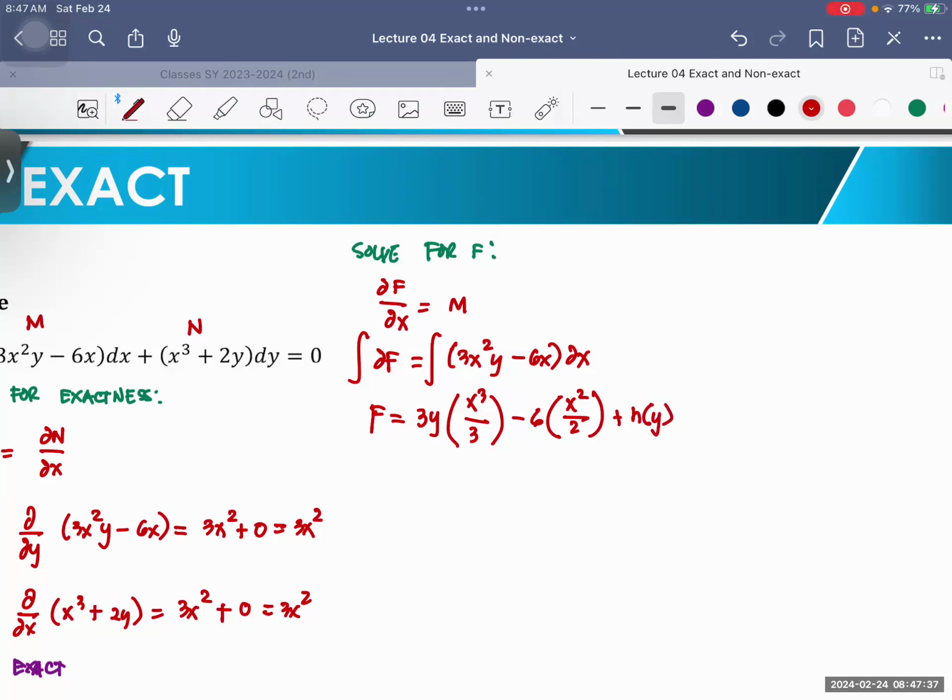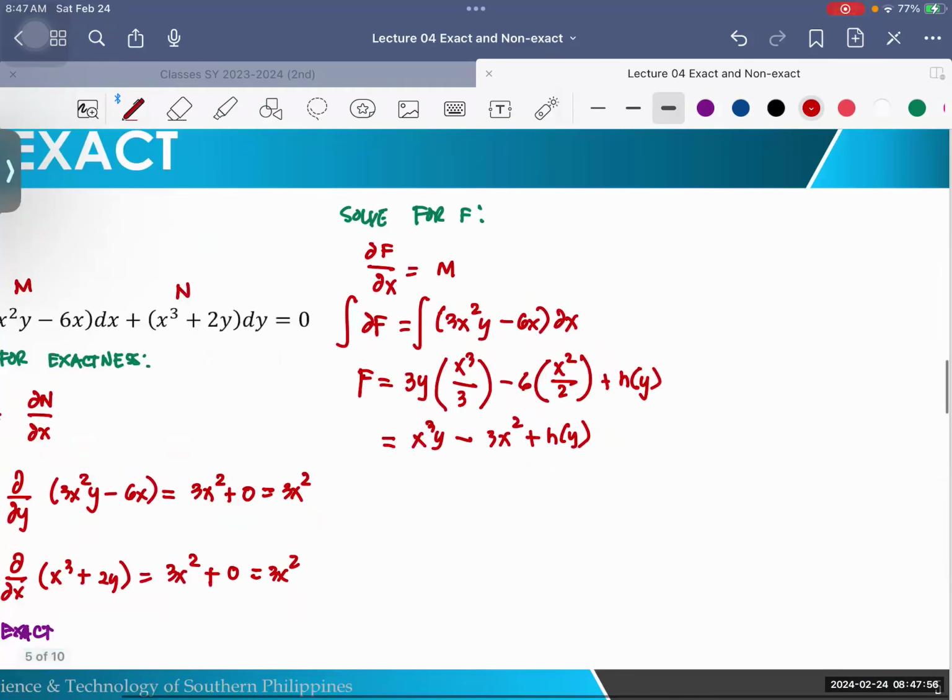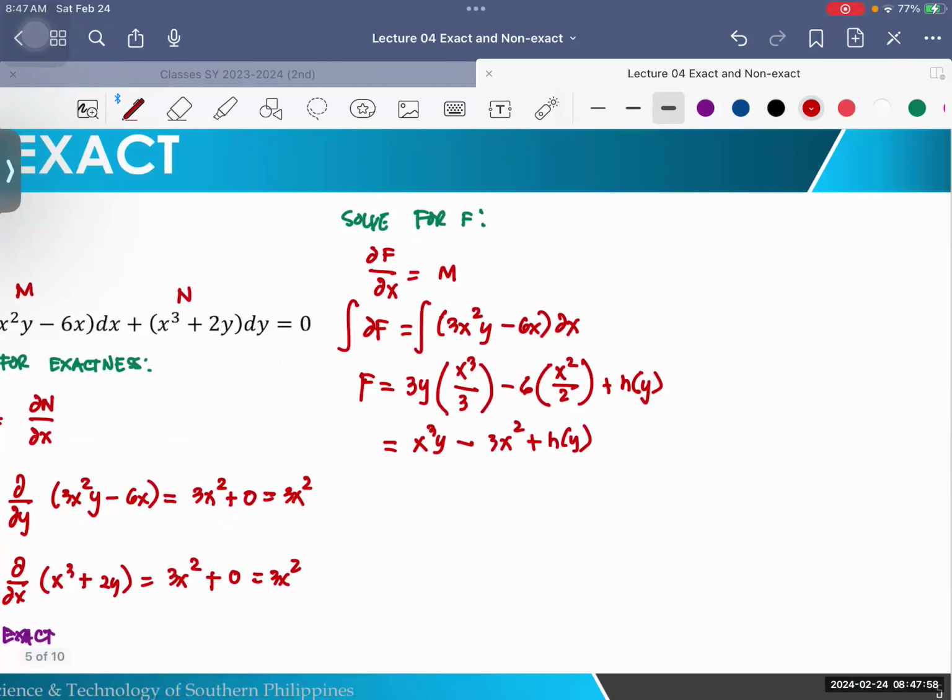Some function of y. Okay, so simplify. Mahimo na x cubed y. Tama, cancel ang 3. And then minus, mahimo na 3x squared. Okay? And then some function of y. Okay, so ato ni diri sa kilid class.